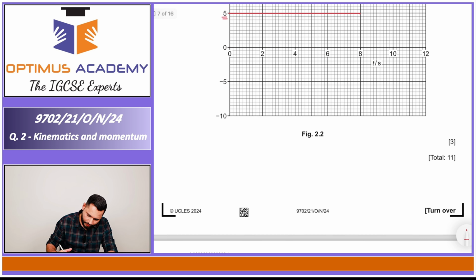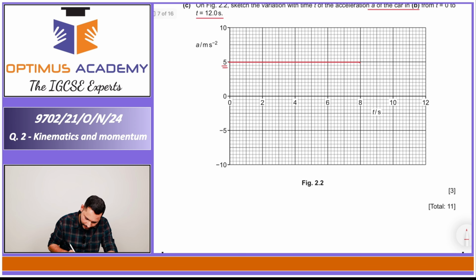So in this graph, to show negative acceleration, it will be minus 10 in this quadrant of the graph, and we will join a straight line like this. So between 0 to 8, the object is accelerating with constant acceleration of 5. Between 8 to 12 seconds, the object is decelerating with constant deceleration of 10 meter per second square.